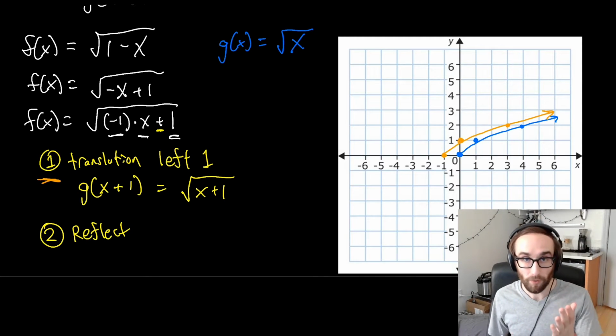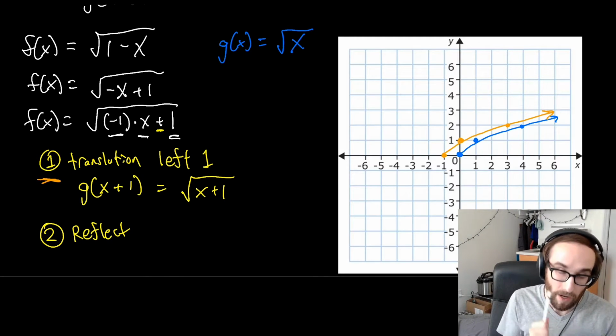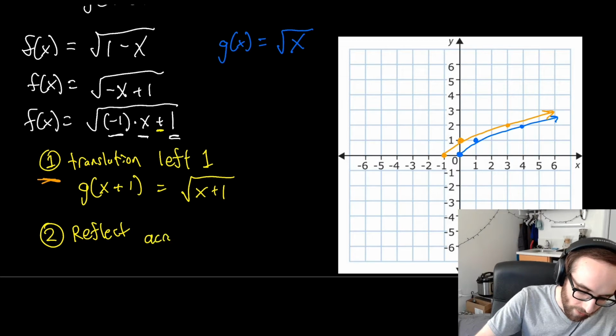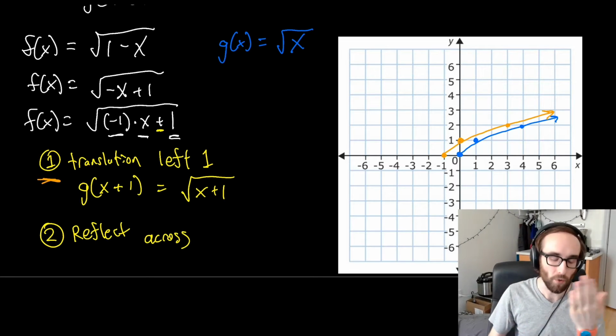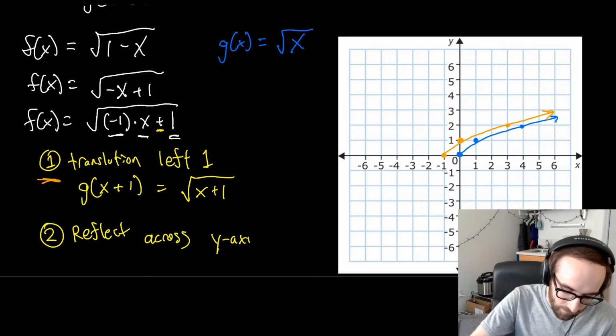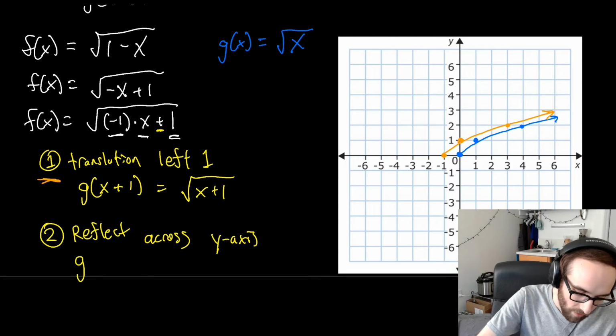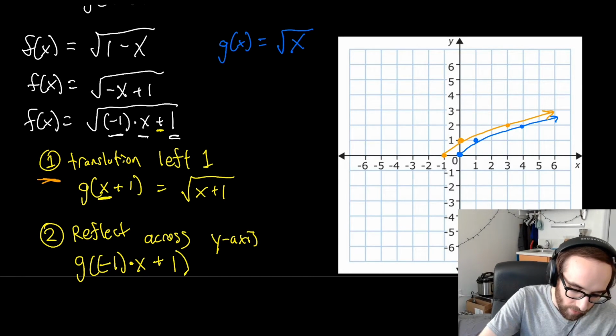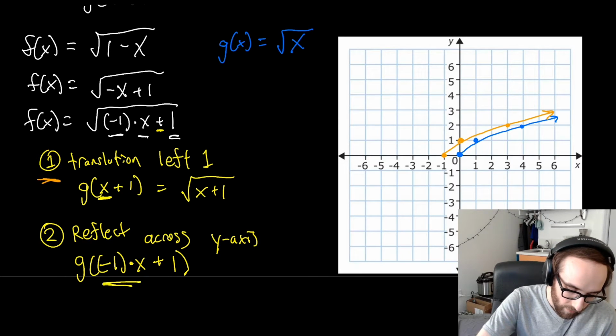And it's a horizontal reflection because we're multiplying the input. So we're going to reflect across the y-axis. So g of -1 times x plus 1. So we replaced our x with -1 times x.